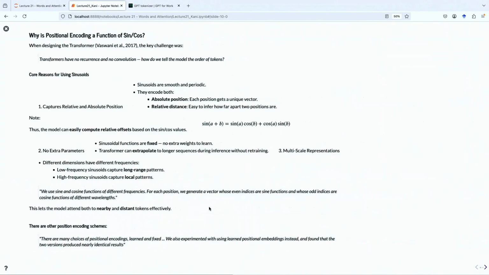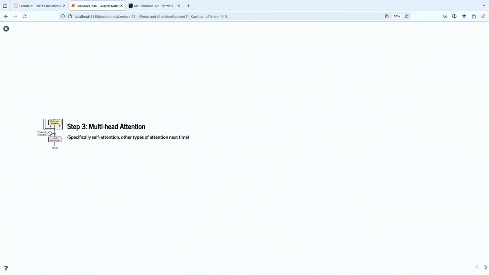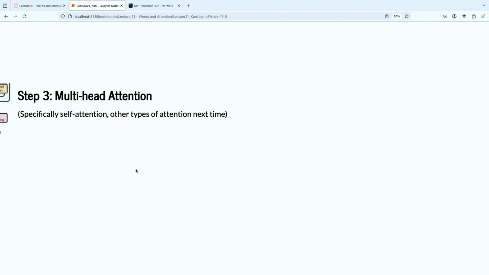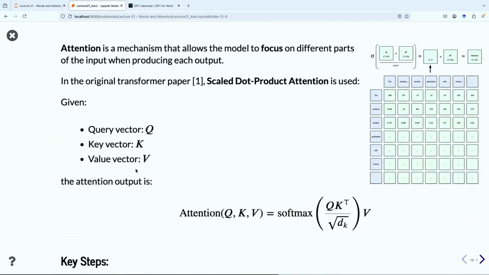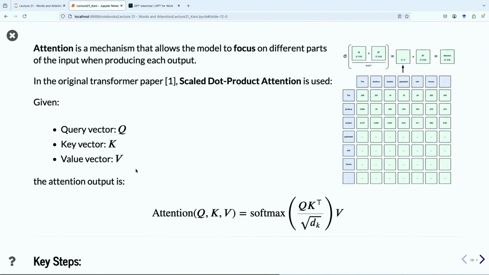Okay? So now that we have the input to the transformer model, the next step is attention. And specifically, we are interested in multi-head attention, although let's start off with just simple self-attention. Okay? So attention itself is a mechanism that allows the model to focus on different parts of the input when producing a particular output.